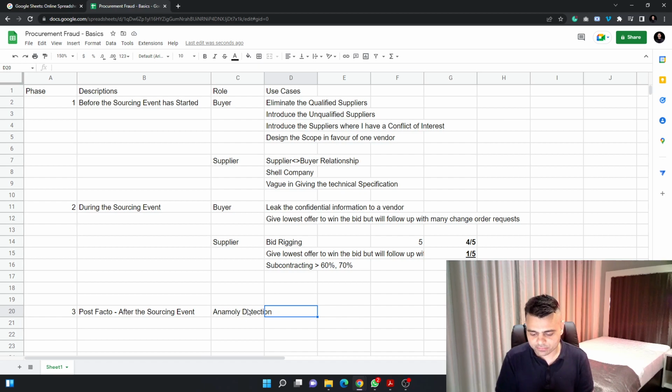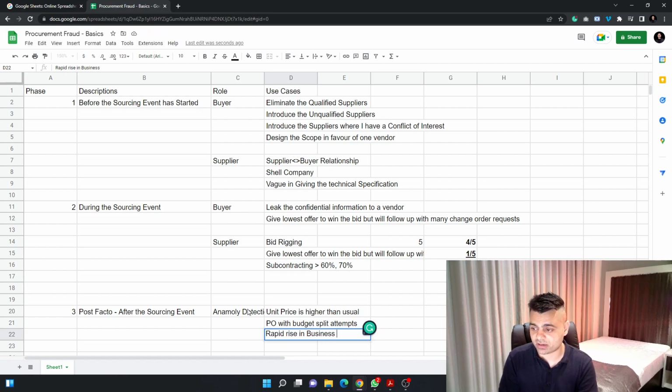For example, some of my favorite use cases here: the first is unit price higher than usual. The second use case would be POs with budget split attempts. The third use case will be a rapid rise in business share of an expensive supplier.